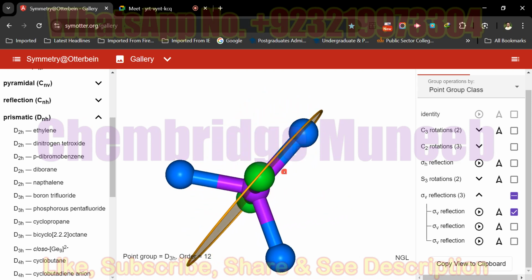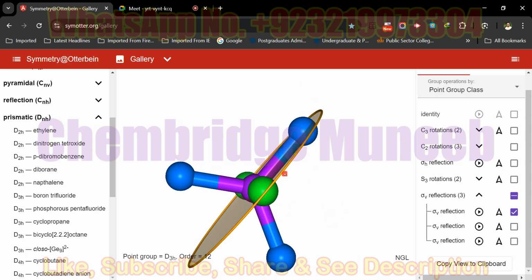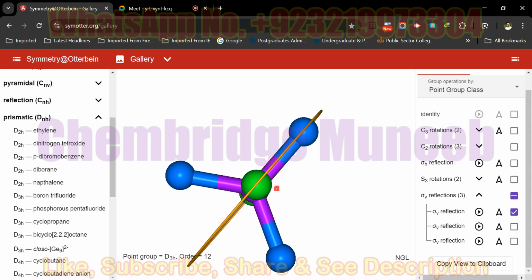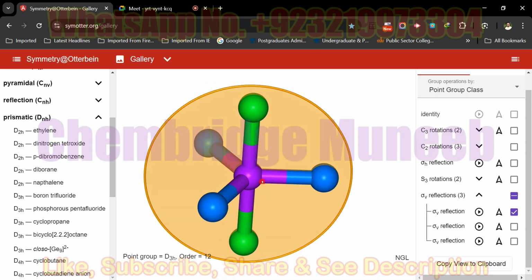And what will the angle between the blue atoms be? 120. Yes, the angle between the blue atoms is 120, and the angle between the green to blue atom is 90 degrees.